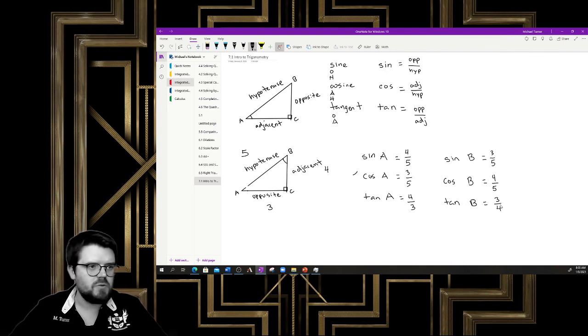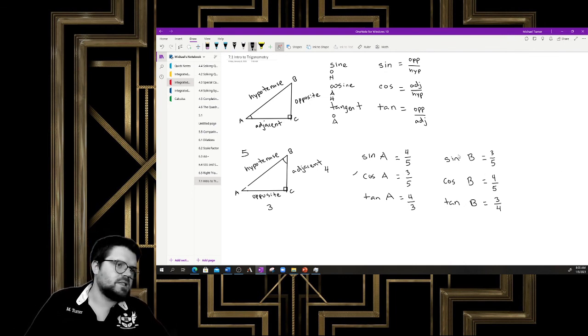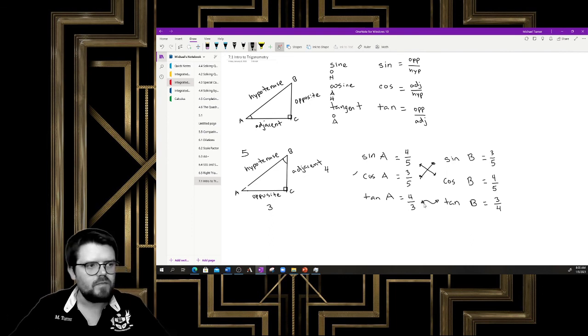Looking at these numbers, we should notice some patterns, right? The sine of one angle is the same as the cosine of another, and vice versa. And then if I look at the tangents, they are reciprocals of each other. But all you really have to do for this assignment to do well is just be able to recognize what your sides are, opposite, adjacent, and hypotenuse, and then write the ratios.